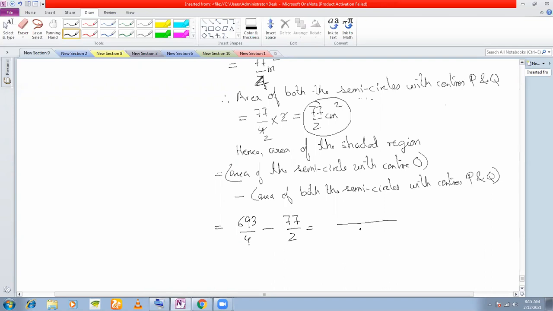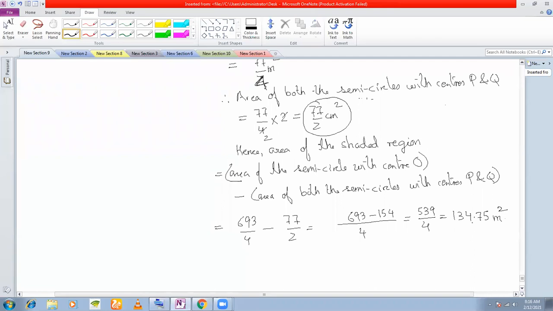So now you can take the LCM. 693 minus 154, 539 divided by 4, which is equal to 134.75 centimeter square. The unit is centimeter square.